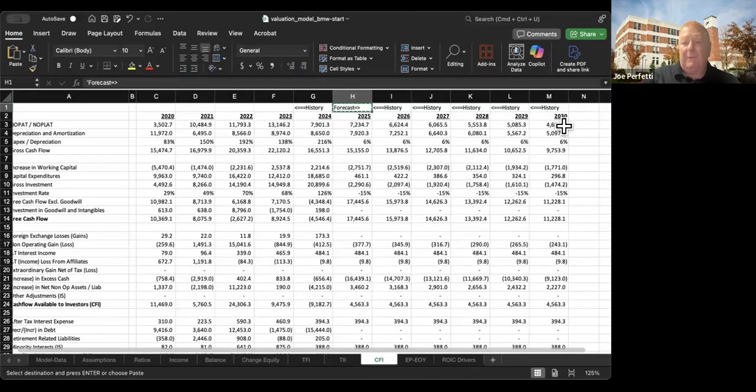Differentiate here. So we took the ratios, we created the forecasted balance sheet. The forecasted balance sheet created the forecasted TFIs. The forecasted TIIs and TFIs created the forecasted CFIs. Everything balances, standardized model.